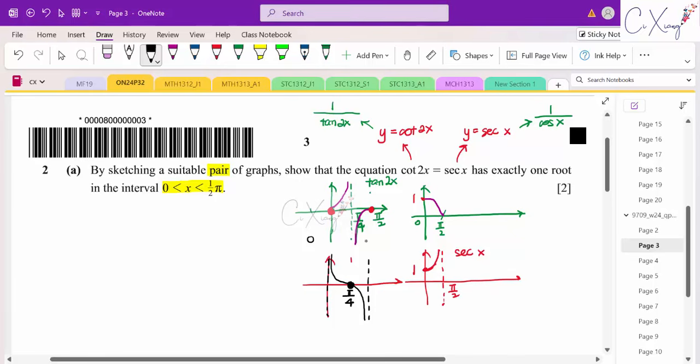So 1 divided by a negative value, therefore you will get negative infinity here. But since these 2 lines here are the asymptotes, when you sketch it, you will get closer and closer to the asymptote, but they will not touch each other. So this is our 1 over tangent 2x. This is our secant x. So let's combine them together in the same diagram.